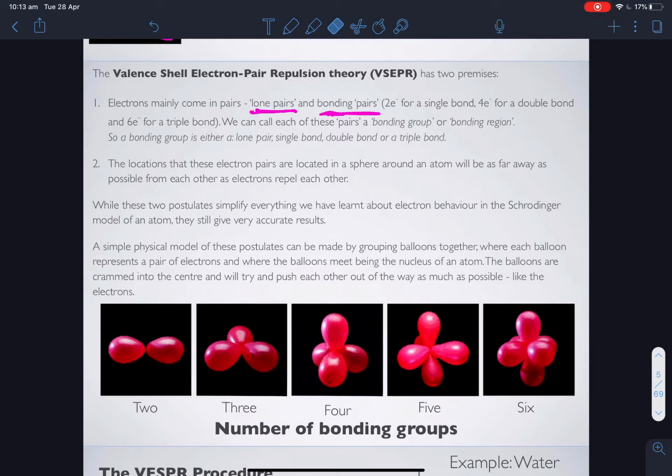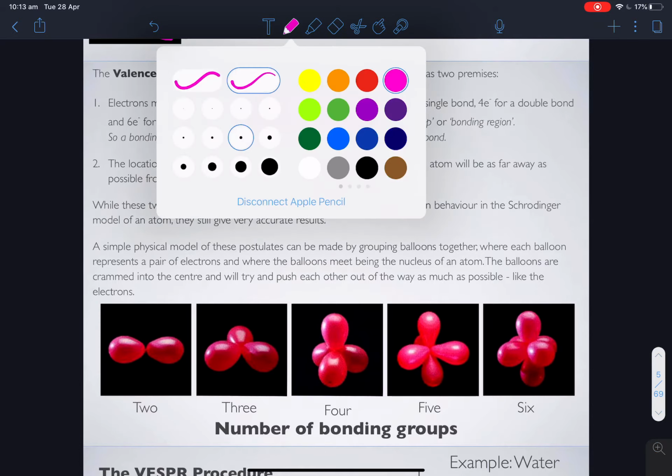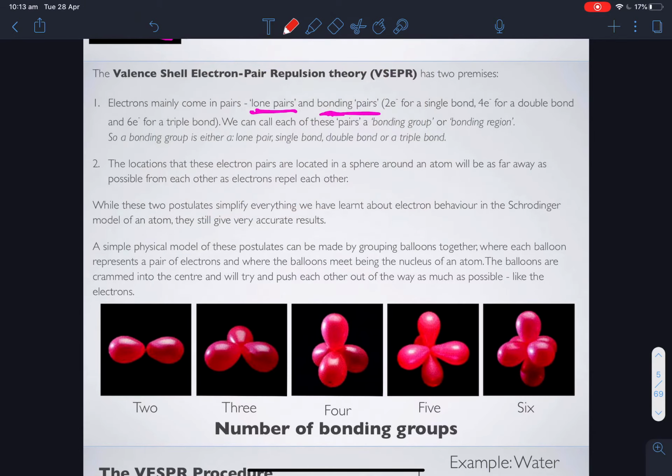So here with 2 balloons, in our model, we're saying that the atom lies in the center here, and we've got 2 bonding regions, and they're repelling each other equally, just like the balloons are pushing each other away equally. And you get a nice linear molecule where they're 180 degrees away from each other.